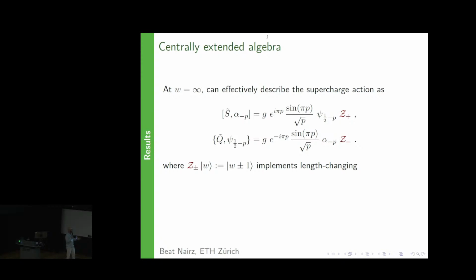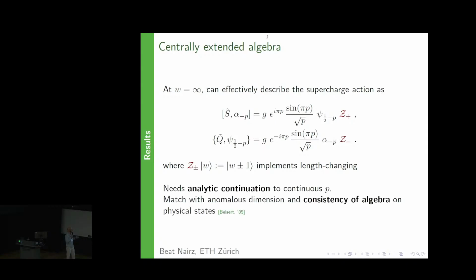In particular, it lowers the length by 1. So to do this, we have to do some analytic continuation to get these coefficients, although we calculated them at finite W. This is sort of at infinite W. This prescription is consistent with the anomalous dimension and with the consistency of the algebra on shell. So this is exactly the same as in Nicholas's 2005 paper originally of this dynamic SU(2|2) spin chain.